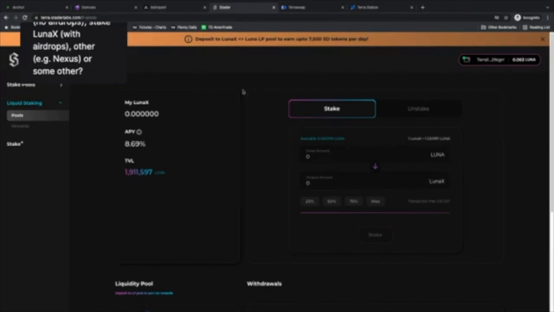It can be much higher, and where does the value come from? Well, it's the staking yield. Luna X is a liquid stake token, so it's staked in the background. Stater stakes it for you, then takes any of the yield that comes from that, and the protocol essentially increases the value of the token mathematically.